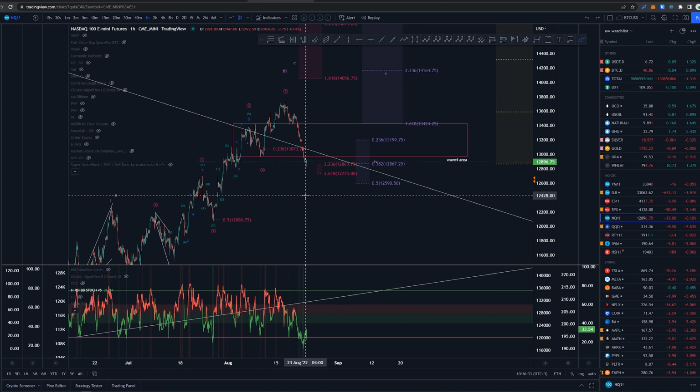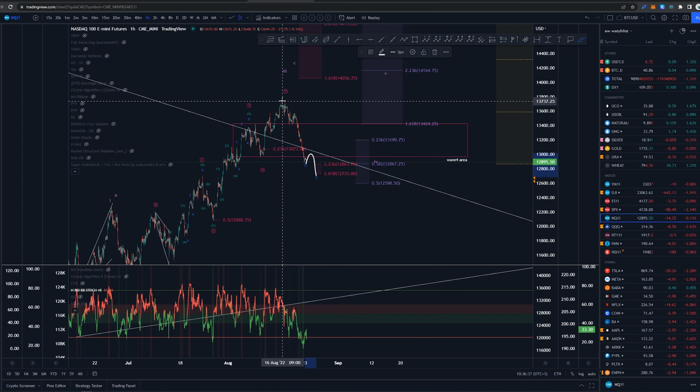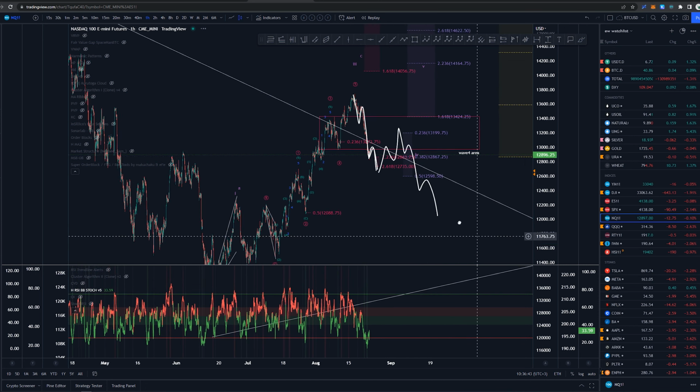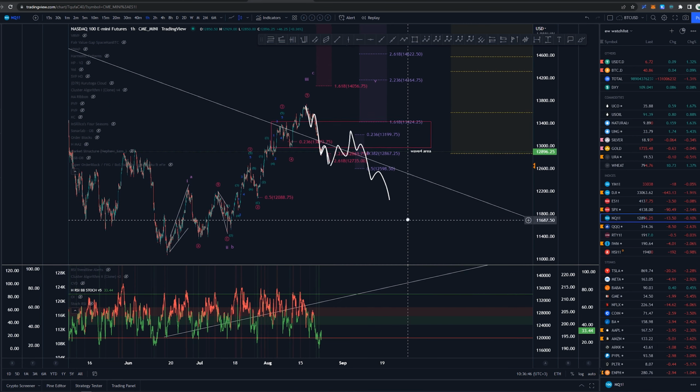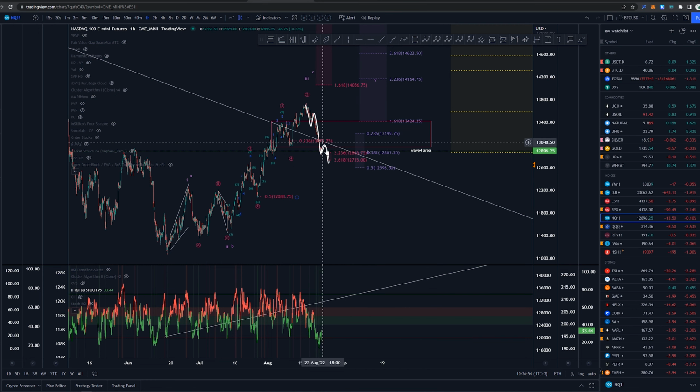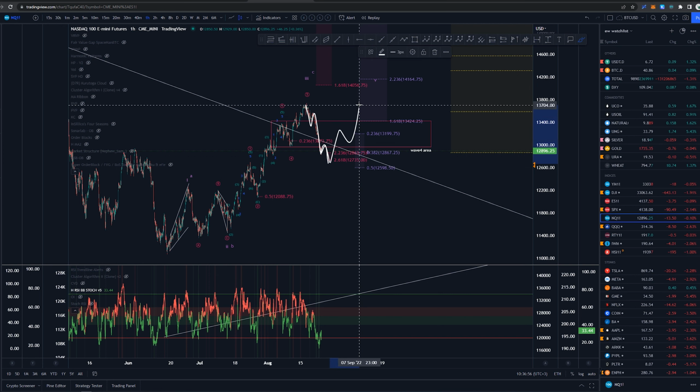And if our expectations are still one more low here, to get this good looking impulse wave structure, 3 waves, and then even a similar impulse wave structure, I just don't see this being wave 4. It would be going so far past the 0.5 here that it just wouldn't make too much sense to me. But again, it depends on how much retracement we would be getting here.